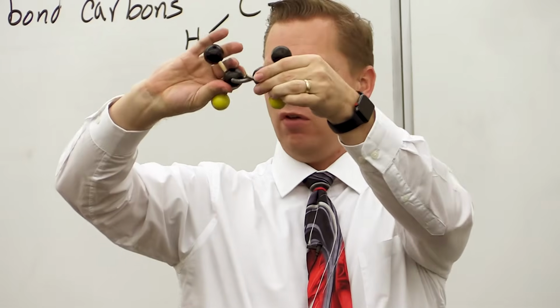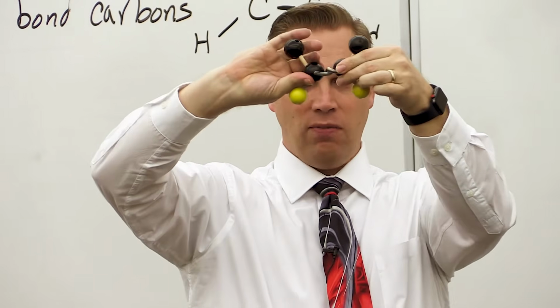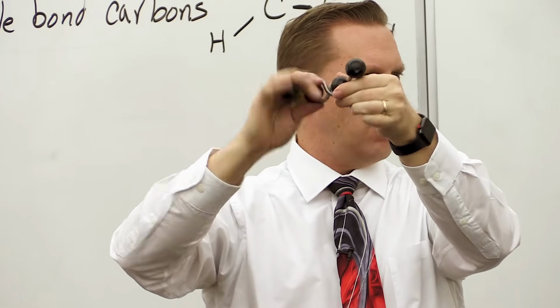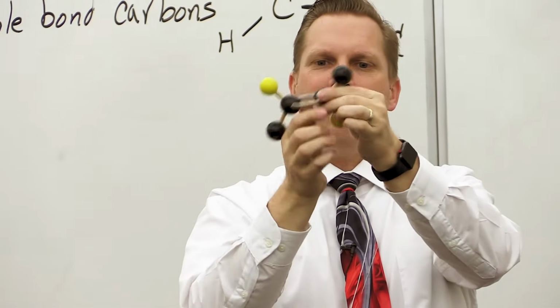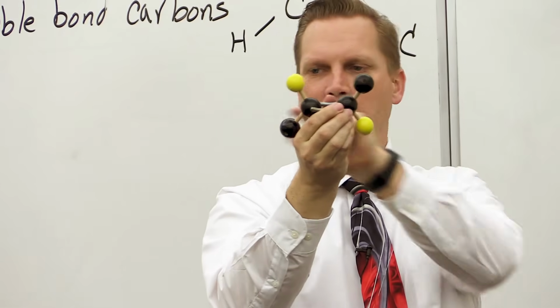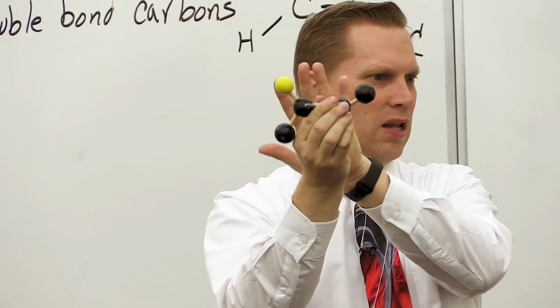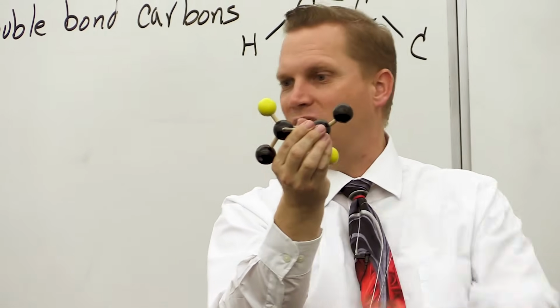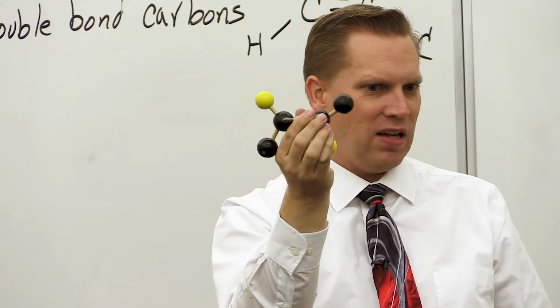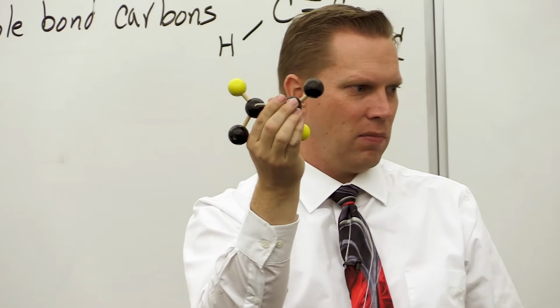I can't put the 2 yellow atoms on the same side because if I let go, it rotates right back up. The double bond will not rotate. That means that whatever orientation, black, yellow, yellow, black, the double bonds were formed in, that is the orientation it stays in. It can't move out of that orientation. It's fixed in place. Okay?